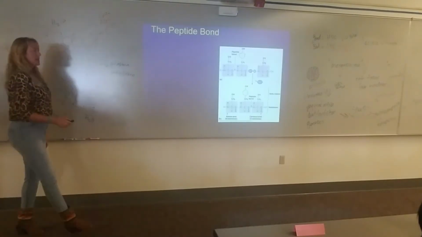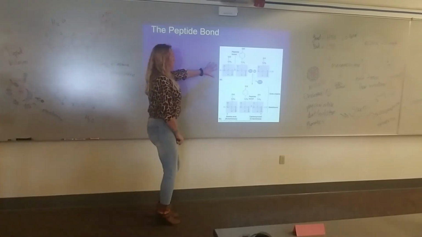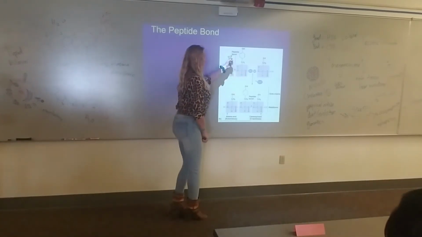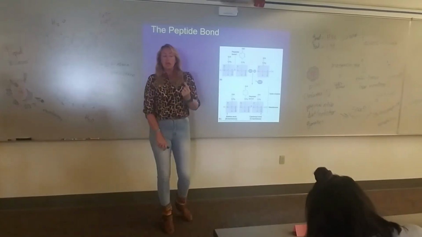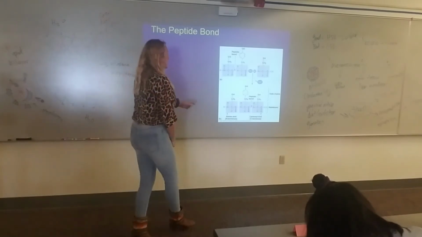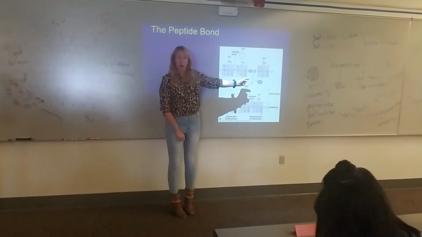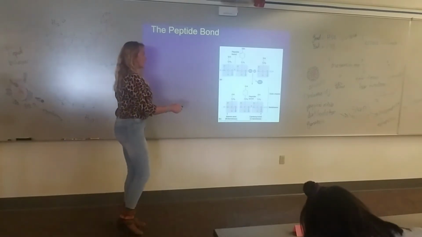So there's a peptide bond that links different amino acids together. You've got one amino acid here, another one here. Here's a peptide bond where those two are linked together. How does your body connect the amino acids together? The same way it did the other carbs and fats, the reactions that we already learned. They come in close enough proximity.